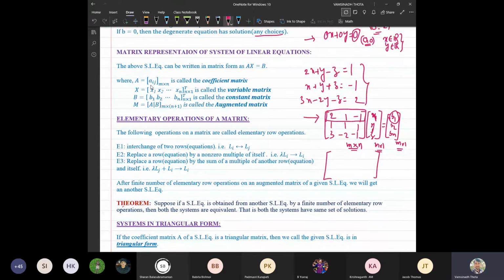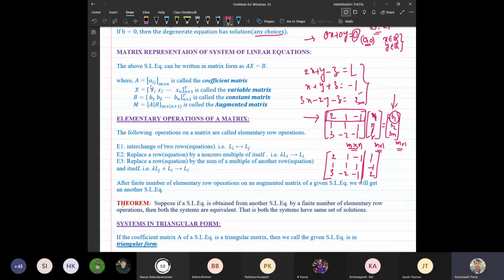We write the coefficient matrix 2, 1, minus 1, 1, 1, 1, 3, minus 2, minus 1. Now, augmented matrix means we need to add the constant matrix. What is the constant matrix here? 1, minus 1, 2. This is separated by a line.